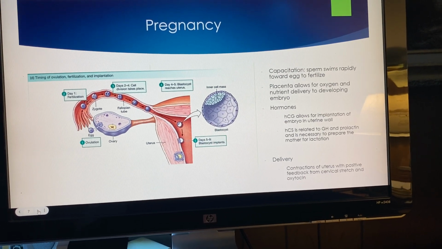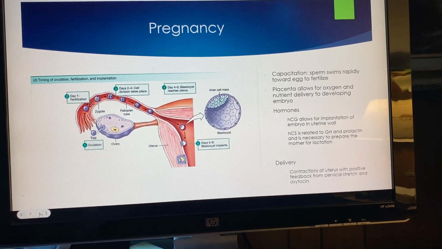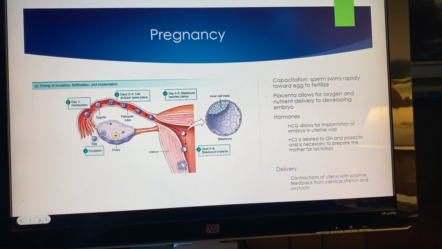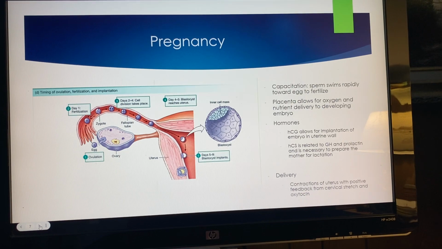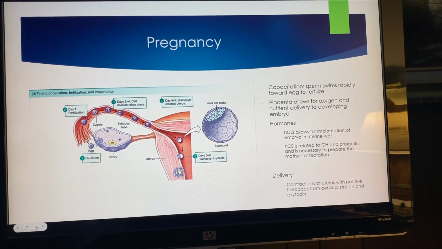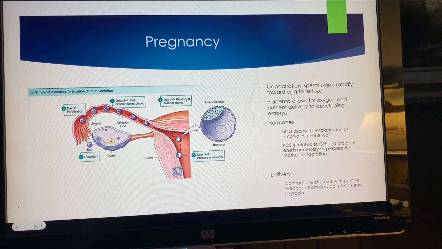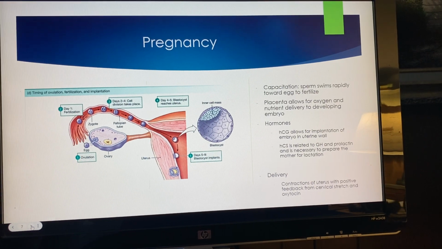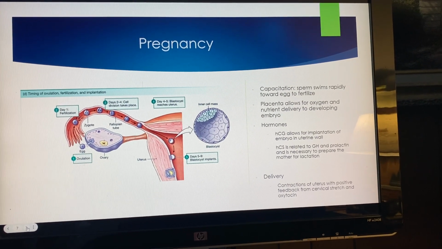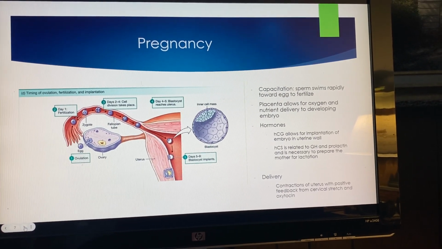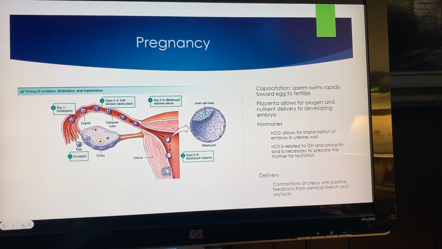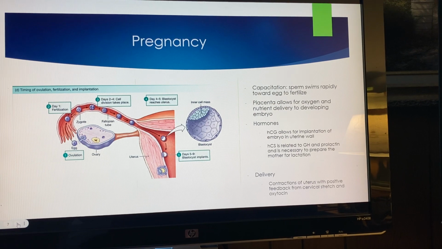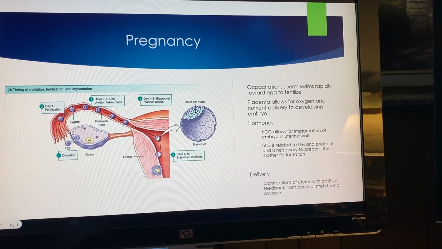And during pregnancy, the placenta is very important and allows for oxygen and nutrient delivery to developing embryos. A couple of important hormones include HCG, which allows for implantation of the embryo in the uterine wall, and HCS, which is related to growth hormone, and prolactin is necessary to prepare the mother for lactation after pregnancy.